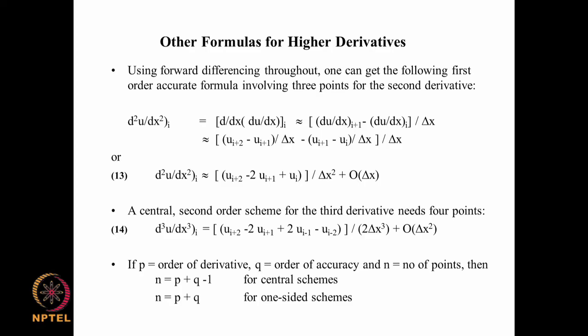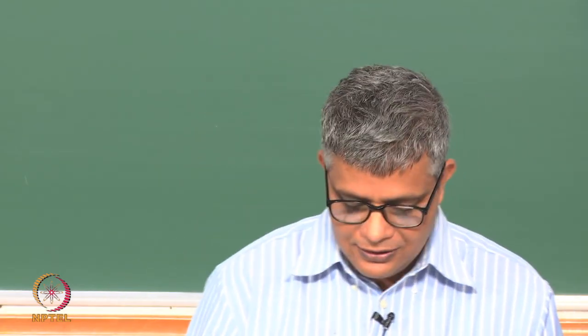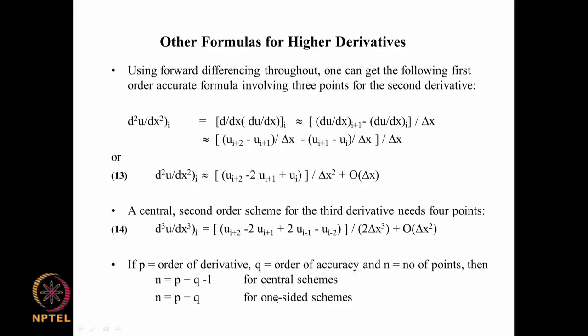And if you want more accuracy from the one-sided formulas, then you have to use more points, and more points will slightly make your matrix bigger and make the computation slightly higher. Okay, but otherwise it's about the same thing. And I would also like to point out here, you have these coefficients 1, minus 2, plus 2, minus 1, and these all add up to 0.